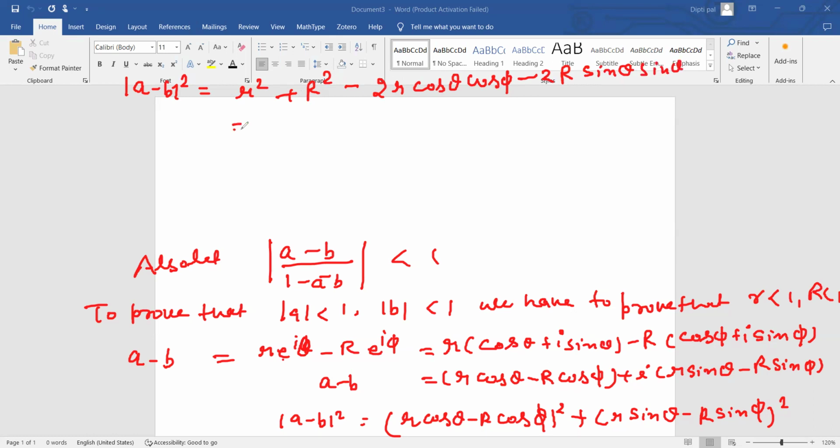So it will become r square plus capital R square minus 2 r capital R cos of theta minus phi. So this is the value of modulus a minus b whole square.